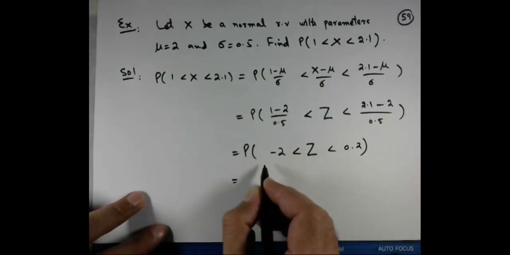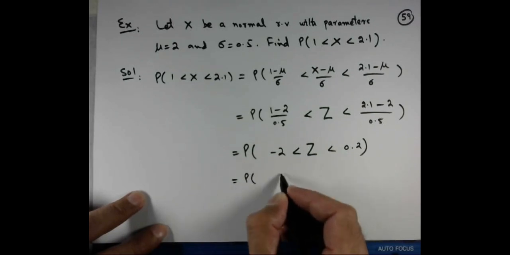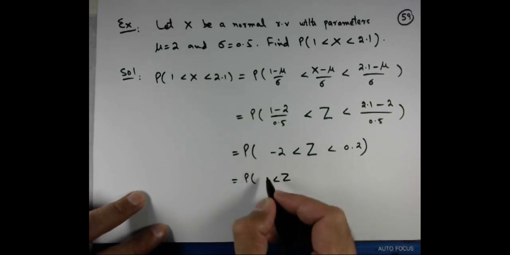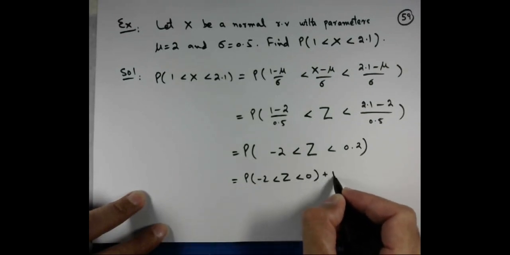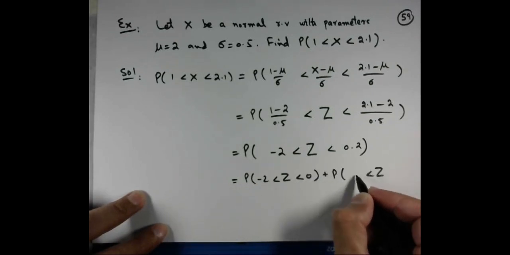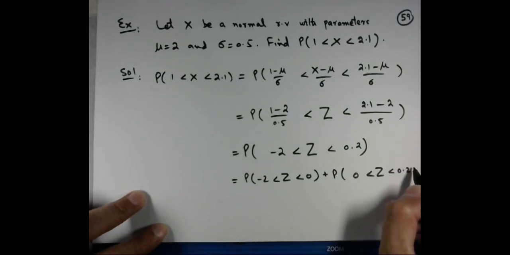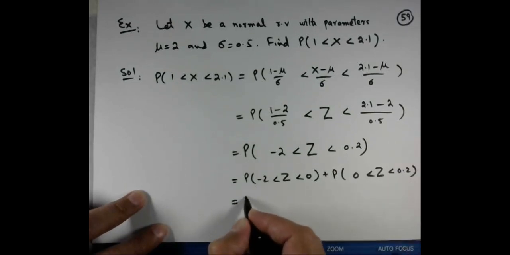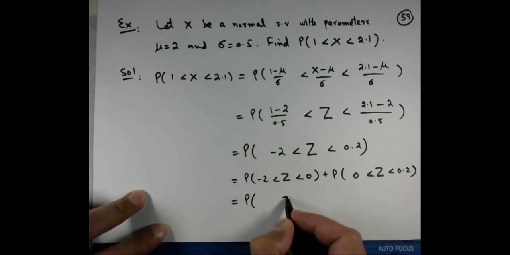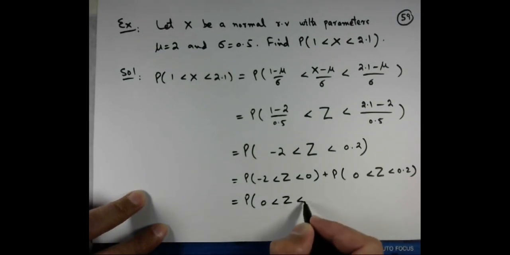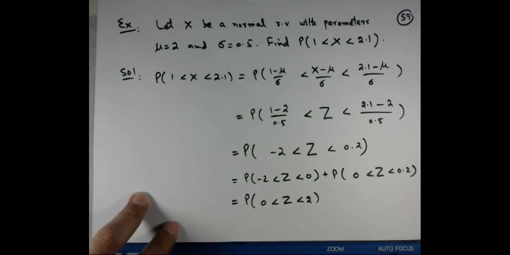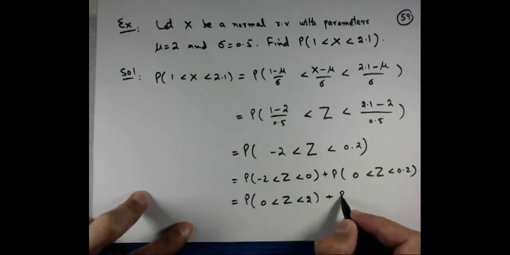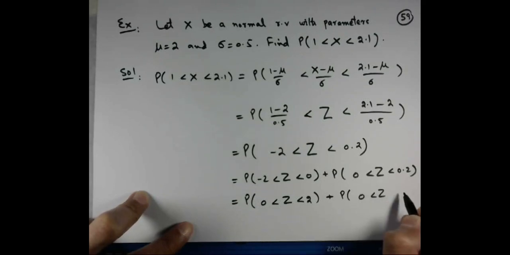Now you can break it into two parts: the probability that z is greater than minus 2 and less than 0, plus the probability that z is greater than 0 and less than 0.2. You write it as the probability that z is greater than 0 and less than 2. This part can be written this way because of symmetry, and this is already in the 0 to infinity range.